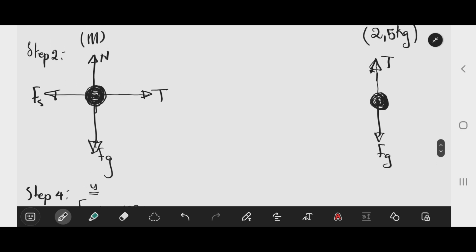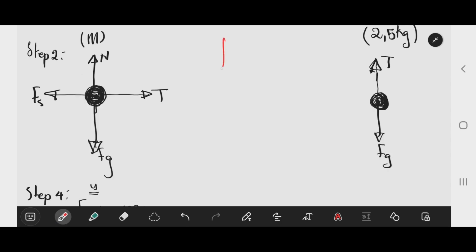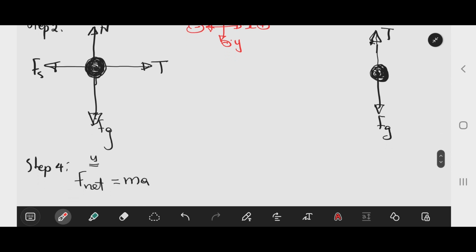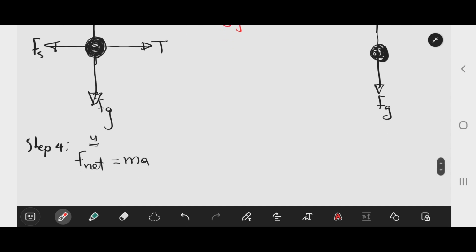How many forces do we have acting in the y direction? For mass m, we have two forces: the normal force going upwards, which is positive, and Fg going downwards, which is negative. Remember the system of axis that we are using: positive x to the right, negative to the left, negative y downwards and positive y upwards. Hence the normal force is positive and Fg is negative.